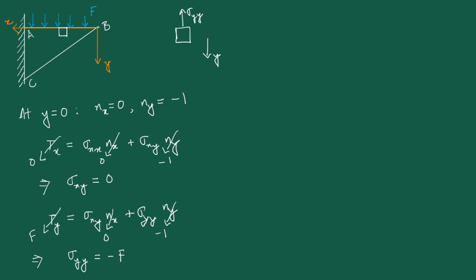So let's write down the boundary conditions for the edge BC. So along BC again we'll have, this time we cannot write that nx is equal to 0, ny equal to 0.